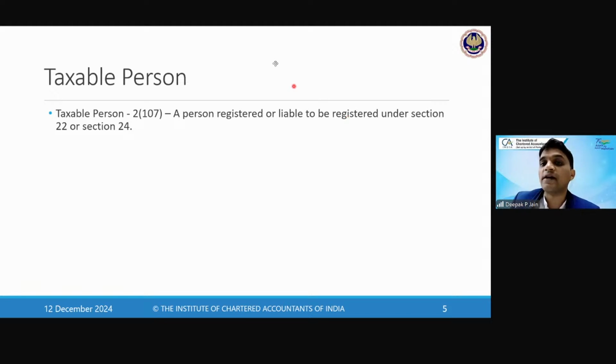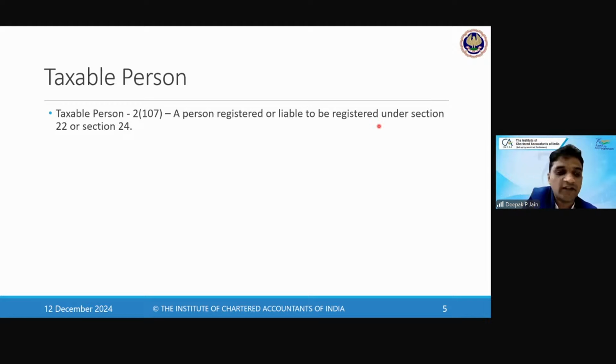Once you are liable to be registered and not registered, you are still called a taxable person. GST is payable by a taxable person. If you're registered, you're definitely a taxable person. If you're not registered, then also you are a taxable person because tax is payable by you.